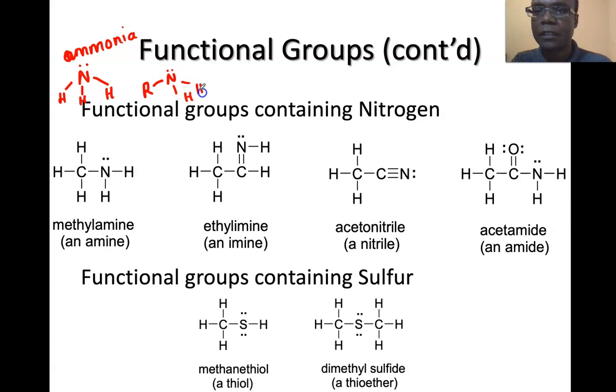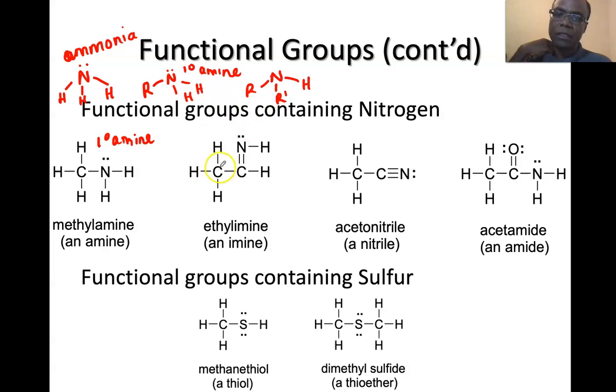then this will be called a primary amine, because there's one carbon attached to the nitrogen. So for example, this is generally a primary amine. It is a type of substituted amine. The moment we replace 2 hydrogens in the ammonia with 2 carbons, they may be the same or not, and I'm using R because R could be CH3, an ethyl group, a methyl group, a carbon containing ring, and all that.